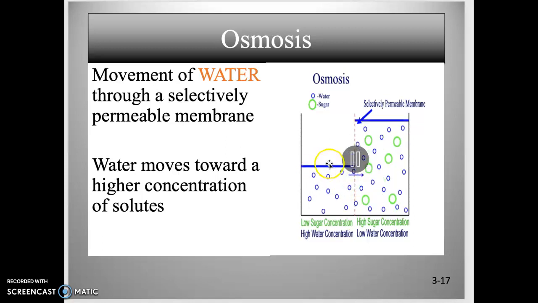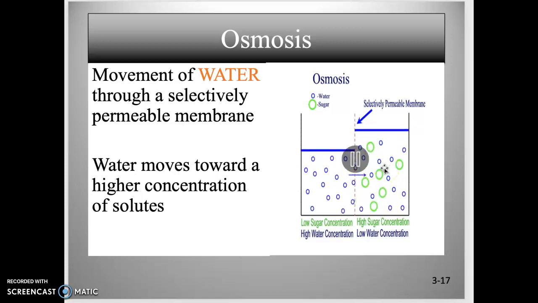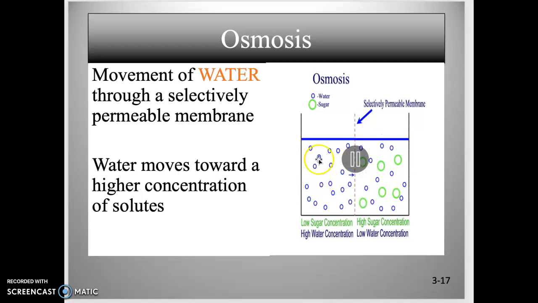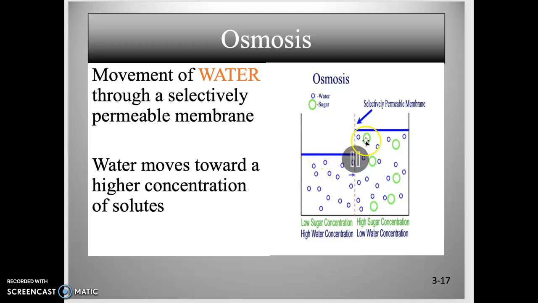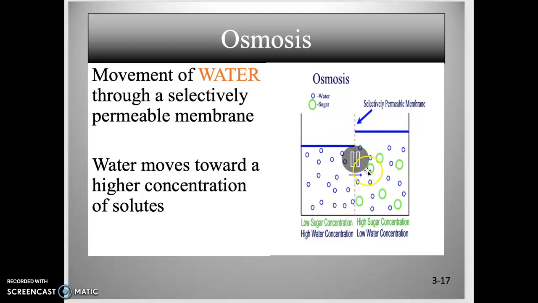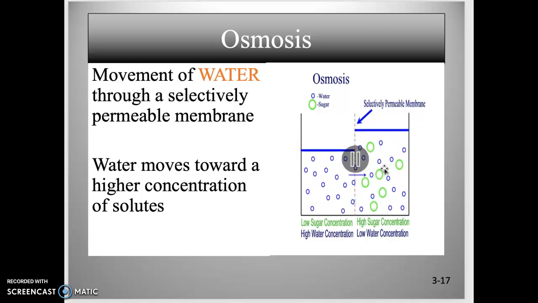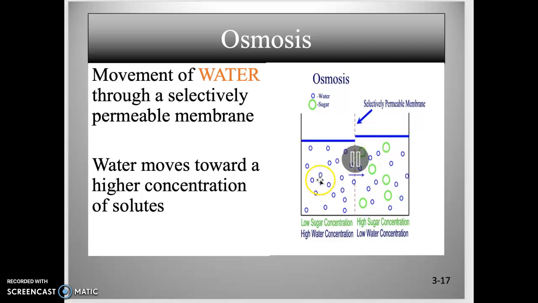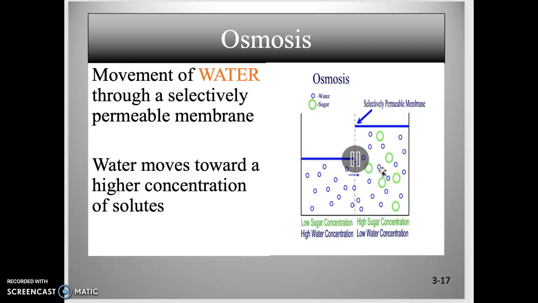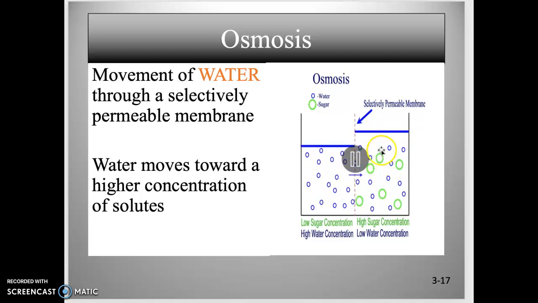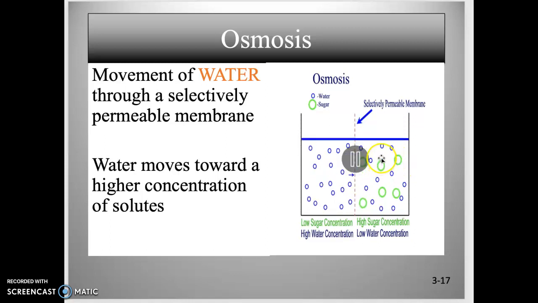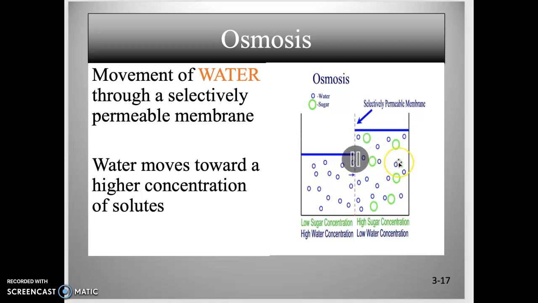You can see the water is moving towards the solute, because there's a higher concentration of water over here and a lower concentration of water over here, and the water is rushing from high concentration to low concentration. But another way to think about it is that water is also rushing towards the higher concentration of solute, the higher concentration of the green sugar there.